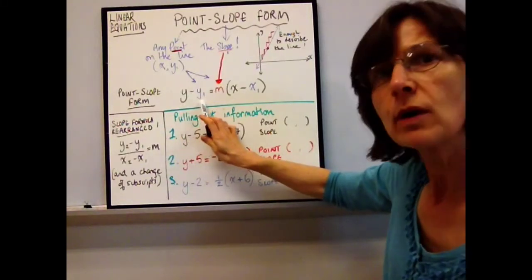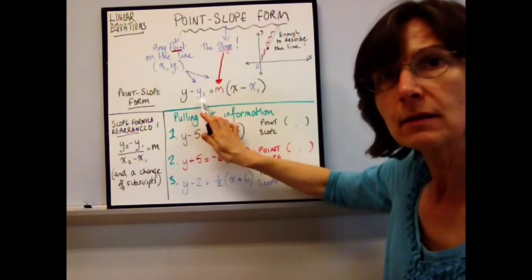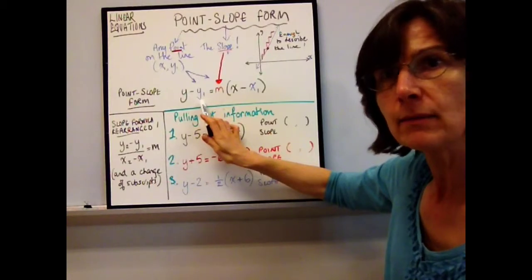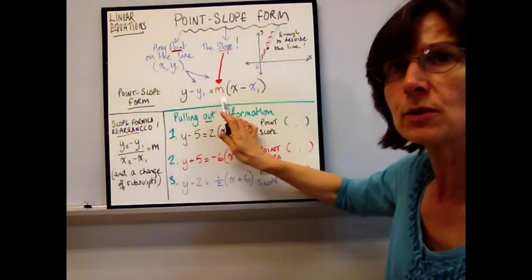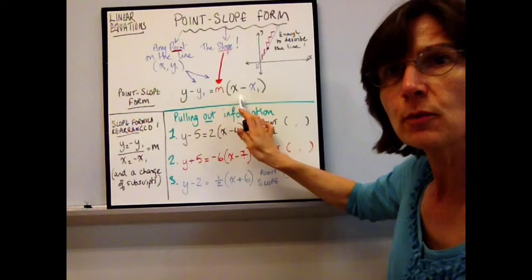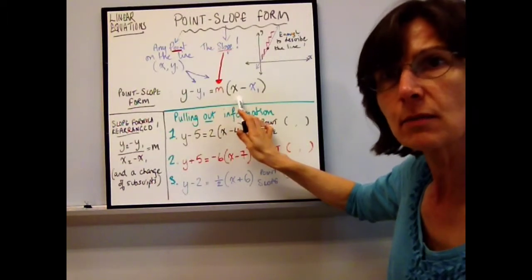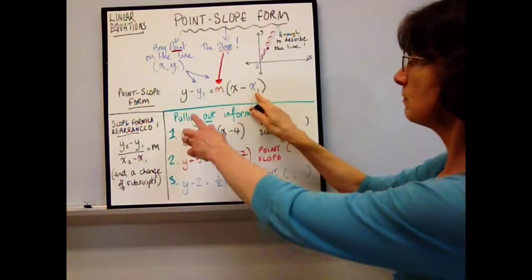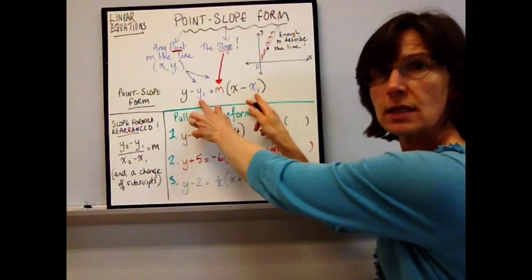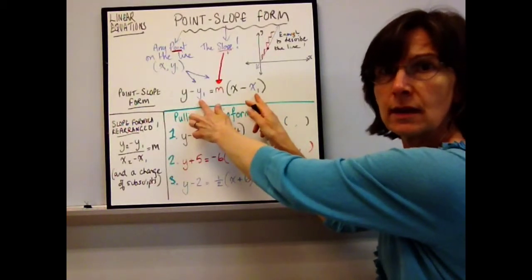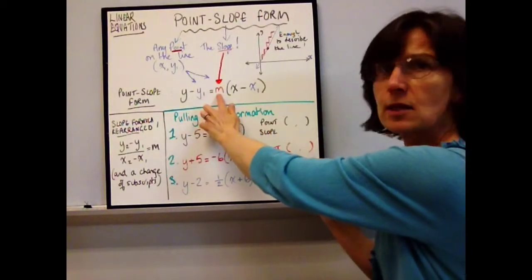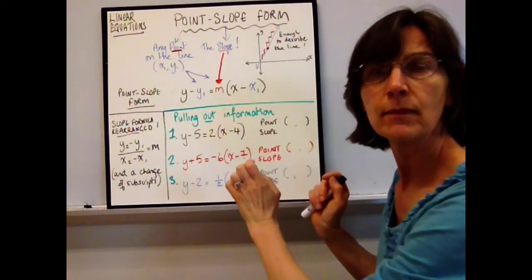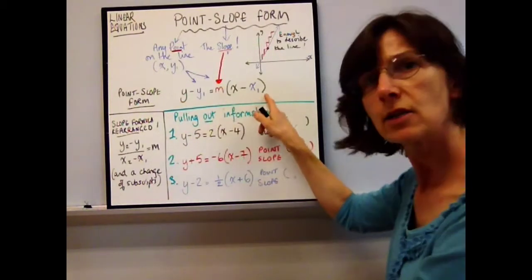The y sub 1 is where we plug in the y value from our ordered pair. So y minus y sub 1 equals m, the slope, multiplied by the quantity x minus x sub 1. Our point, x sub 1, y sub 1, plugs into here, and the slope plugs into m. And then we leave it looking just like this.